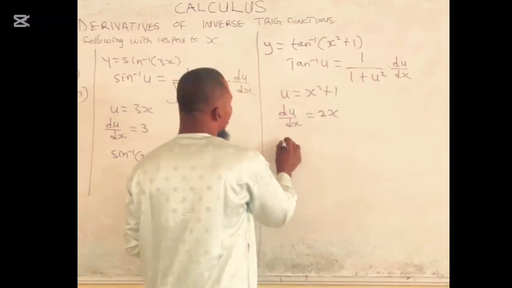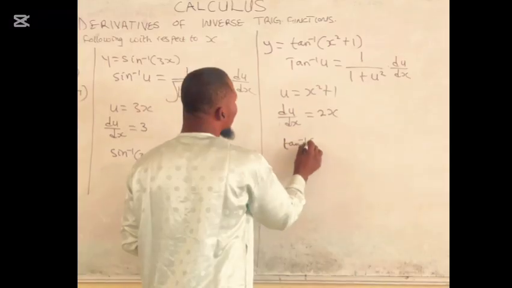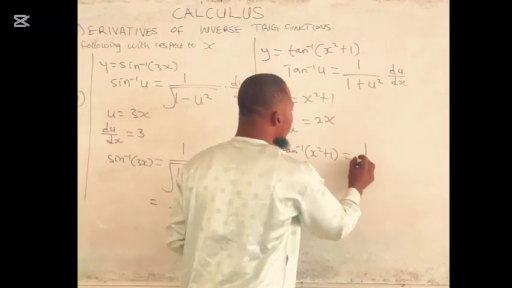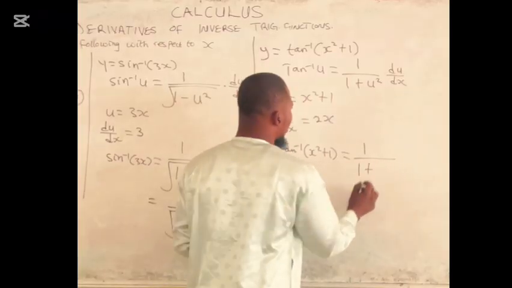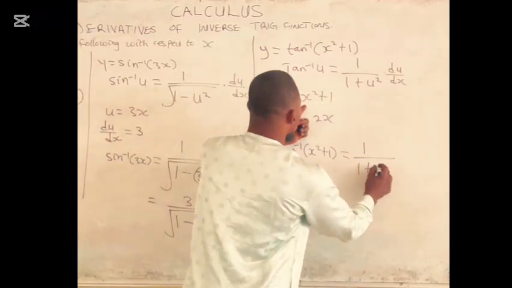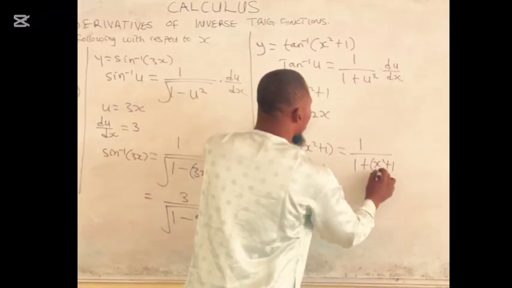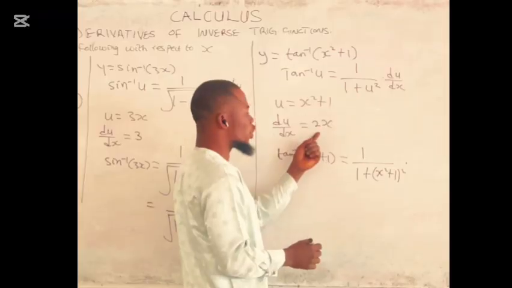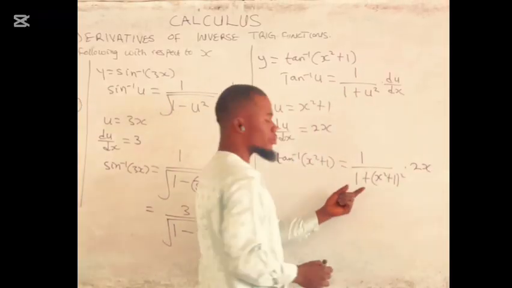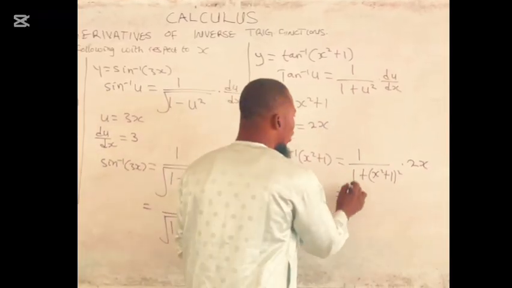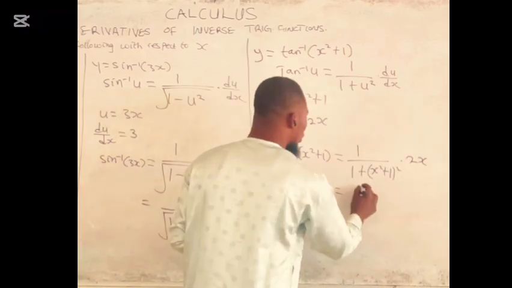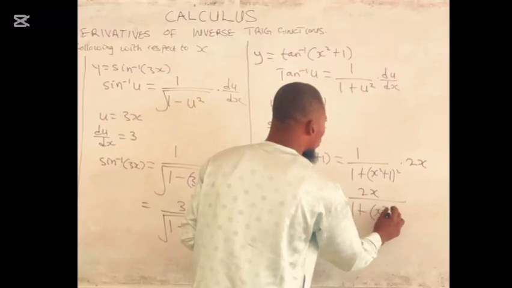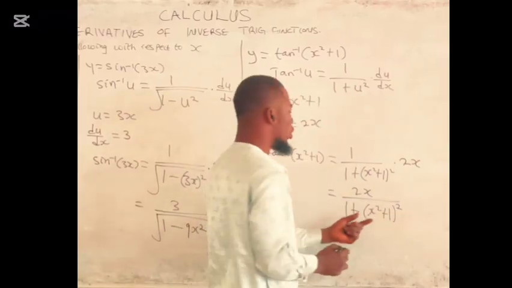So the derivative of tan inverse of x squared plus 1 will be equal to 1 divided by 1 plus our u, which is x squared plus 1, all squared, then multiply by our du/dx, which is 2x. So 1 multiplied by 2x gives us 2x divided by 1 plus (x squared plus 1) all squared.